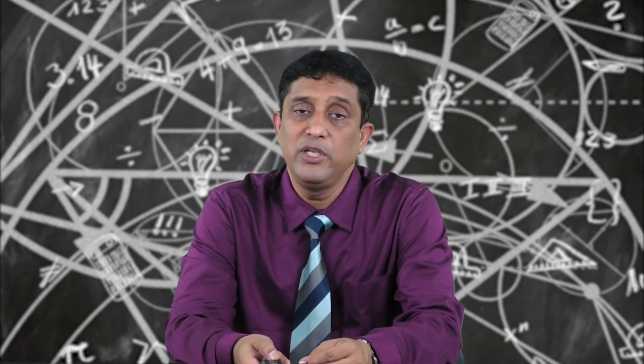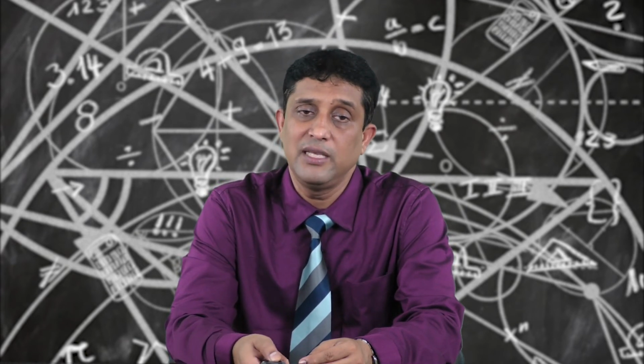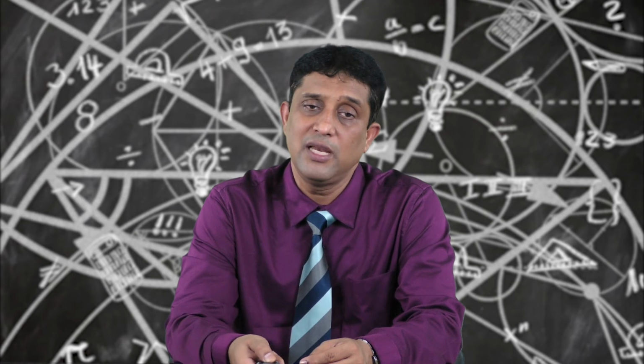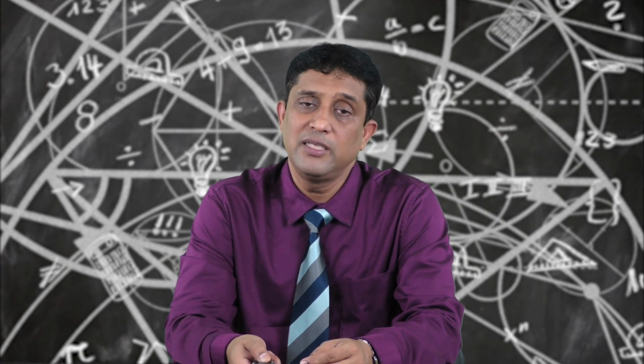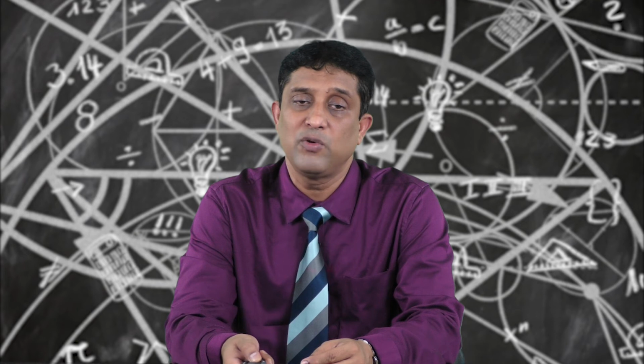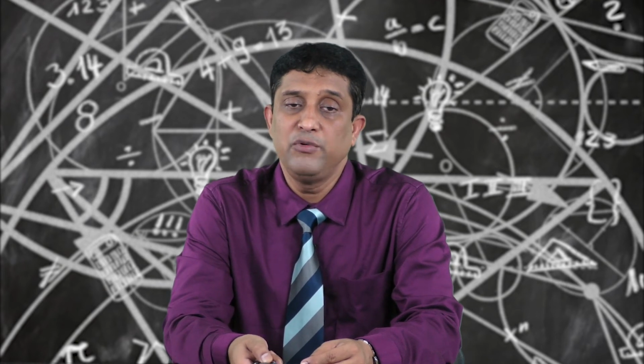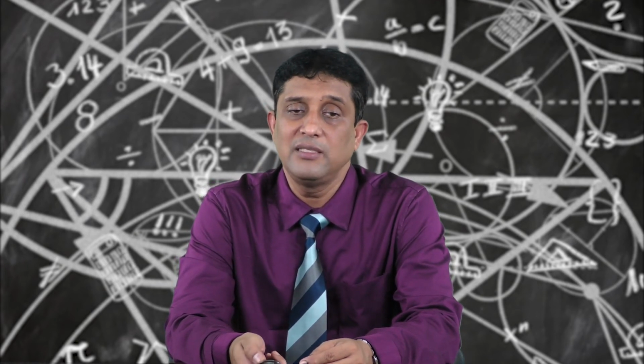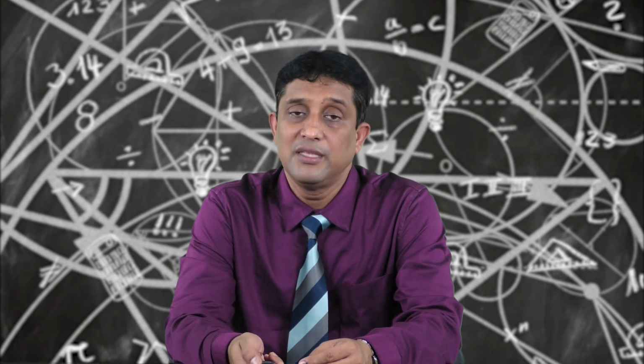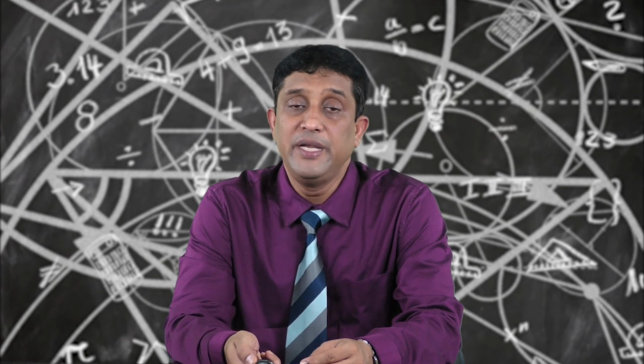N by 4 is 1/4 of the total number of cases. L is the lower limit of the quartile class. CFQB, I have already said, is the cumulative frequency below the first quartile class. FQ is the frequency of the first quartile class, and CI is the size of the class. This formula is just like the median formula.